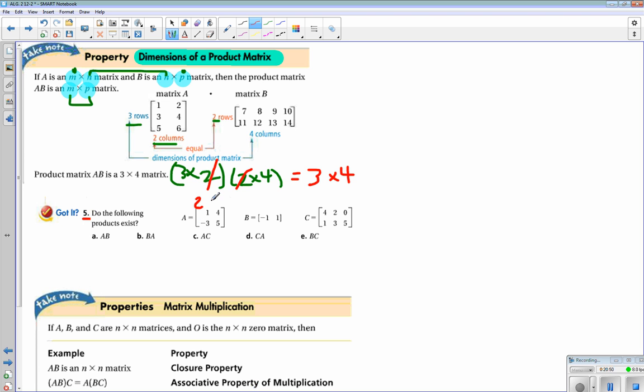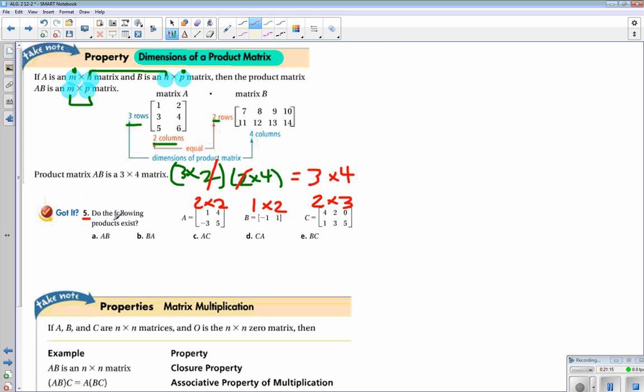This is a 2 by 2. This is a 1 by 2. This is a 2 by 3. So we're going to determine if each of these have products.